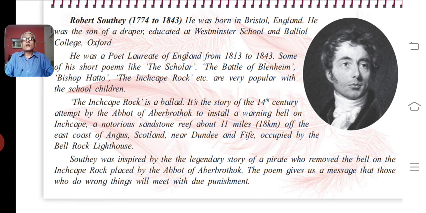The poet Robert Southey. Robert Southey was born in 1774 and died in 1843. He was born in Bristol, England. He was the son of a draper. Draper means cloth merchant, or one who sells cloths, or a dealer in cloths.